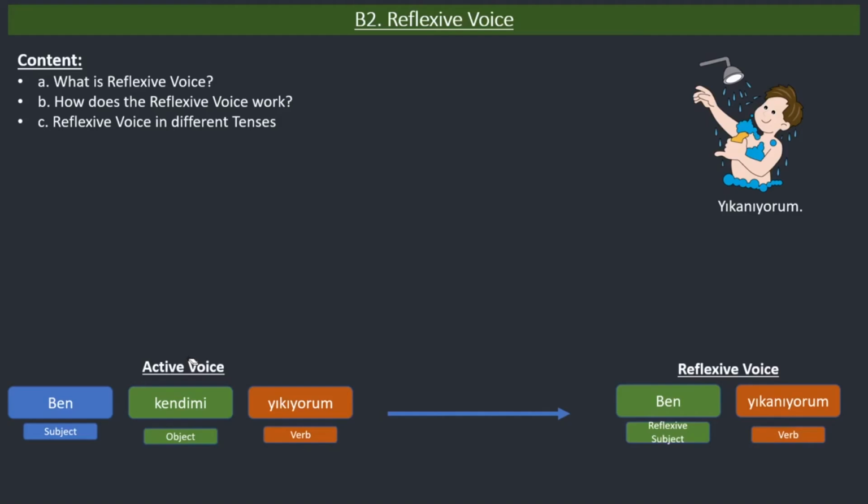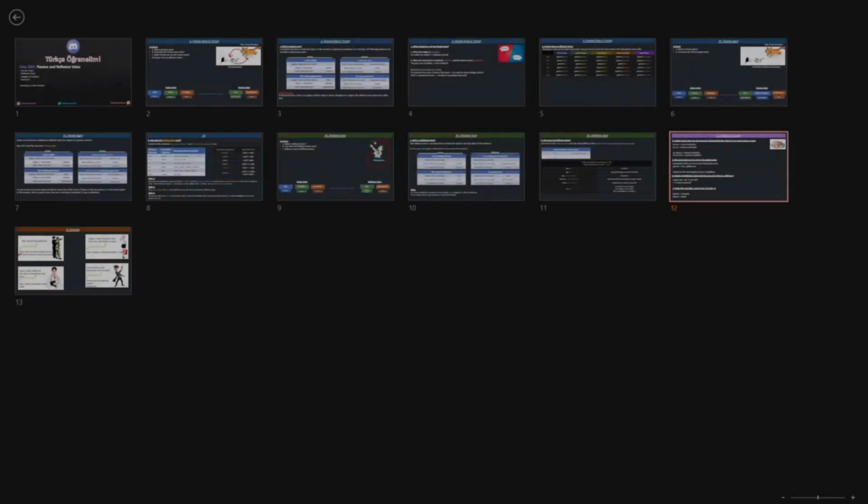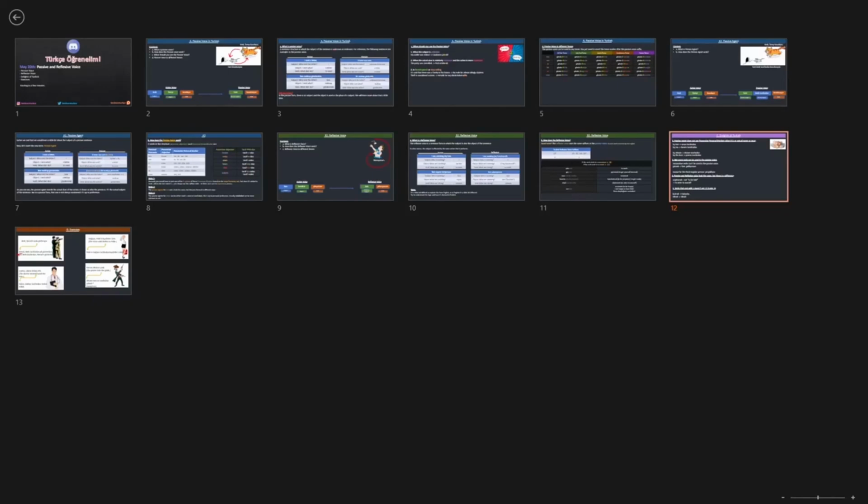All clear. Great. So now, reflexive voice. What is reflexive voice? How does the reflexive voice work? And in different tenses?